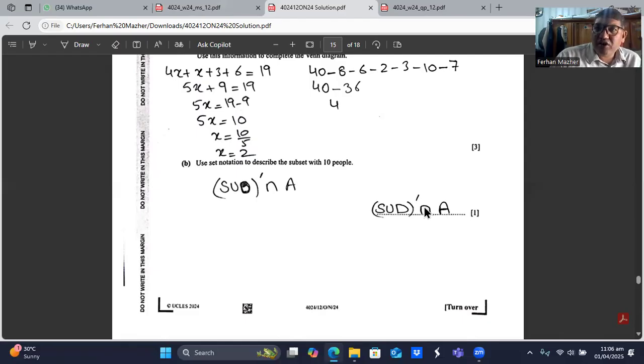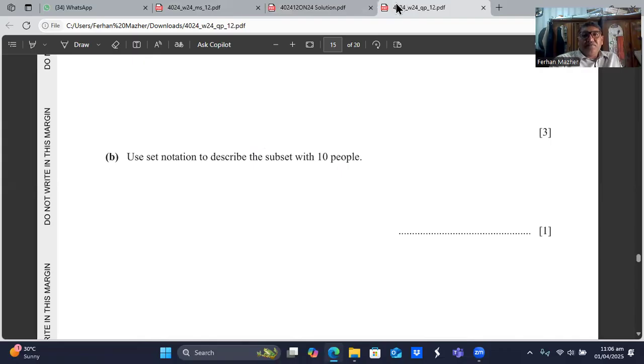Because according to De Morgan's law, S union D whole complement is equal to S complement intersection D complement. So they are the same answers. I hope you understand.